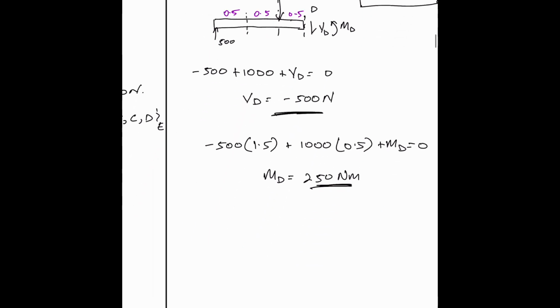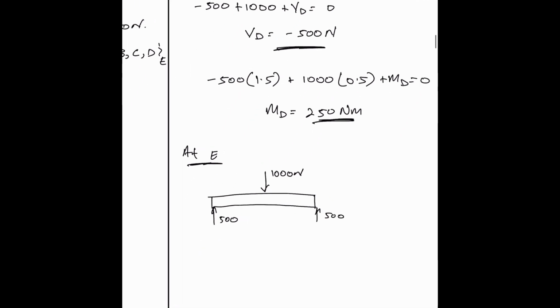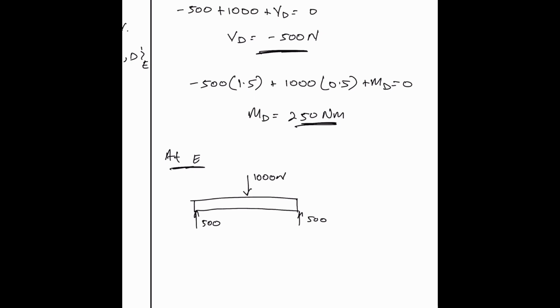And then we have finally point E, and that's the end. There's no need to do this one, and I'll show you why. First of all, if you were to find the shear force, it's a free surface, right? So it will be minus 500 plus 1000 plus VE.